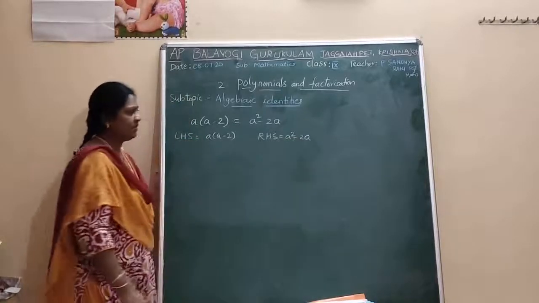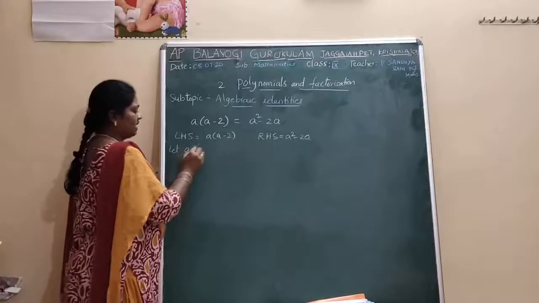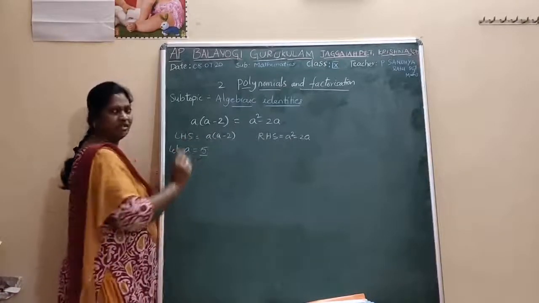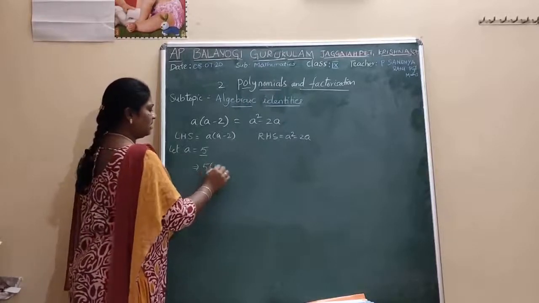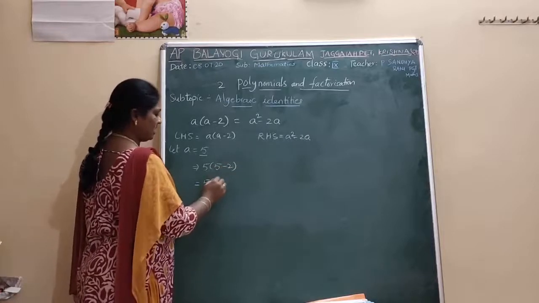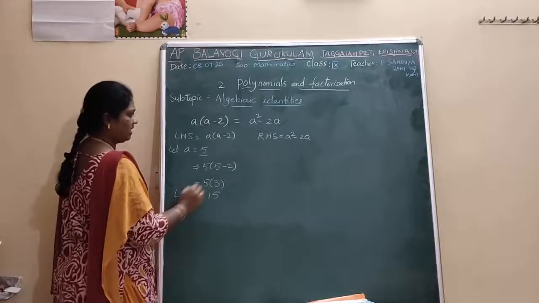Let's take one value for a. Let a equal 5. Substitute a equal to 5 in the LHS and also in the RHS. So this is 5 into (5 minus 2), which is 5 into 3. So this is 15. We got LHS equal to 15.